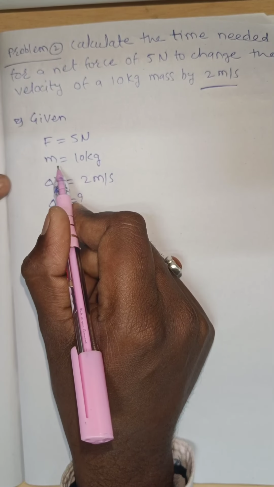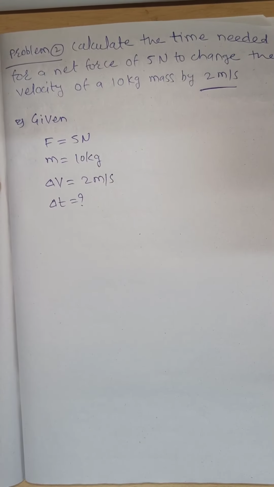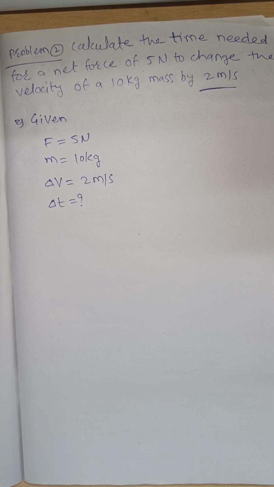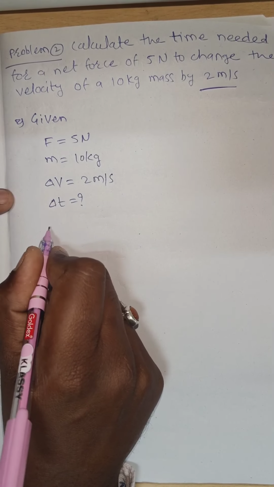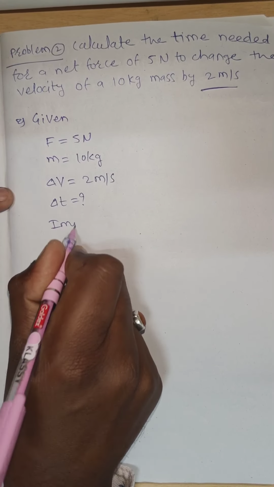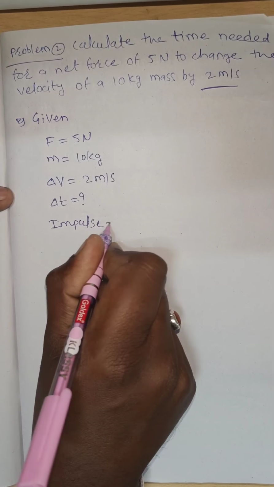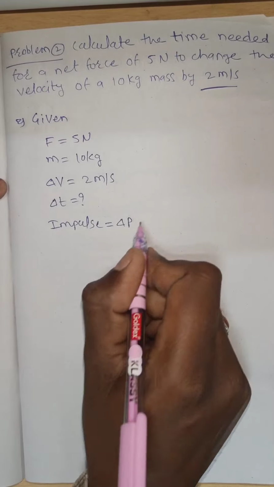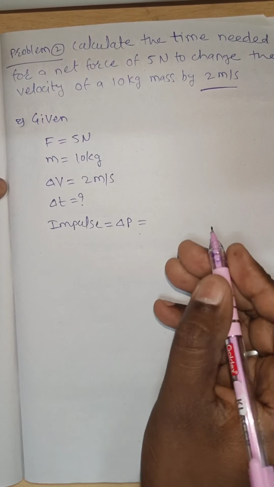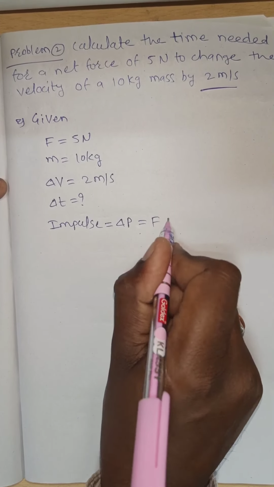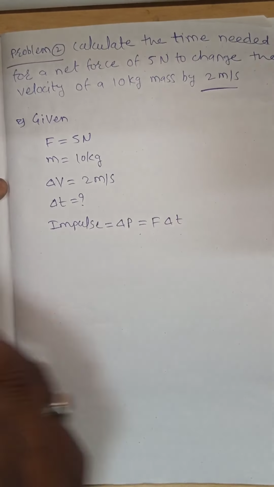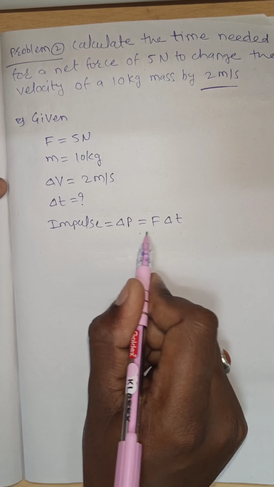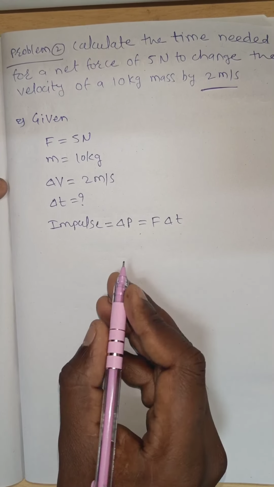Force, mass and change in velocity are given, and we have to find the time required for that process. We know the formula for impulse, denoted as delta p, which is equal to F into delta t.